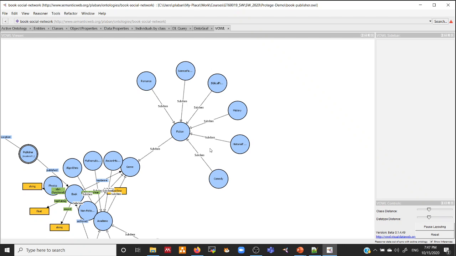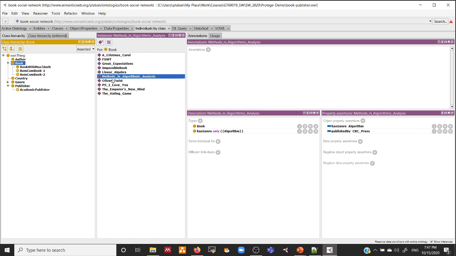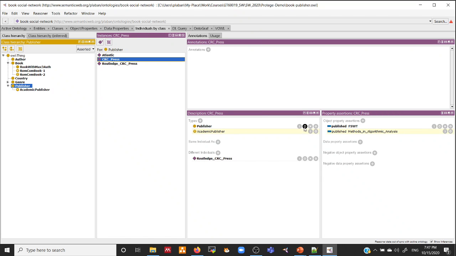Let us see whether we have modeled the scenario like that. So what we have for methods in analysis, it is published by CRC, so that is there. And this published by is inverse of published. So if we start with CRC, CRC has published methods in analysis and published FSWT.